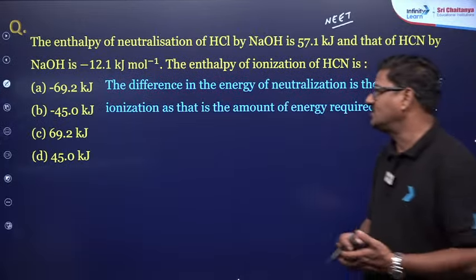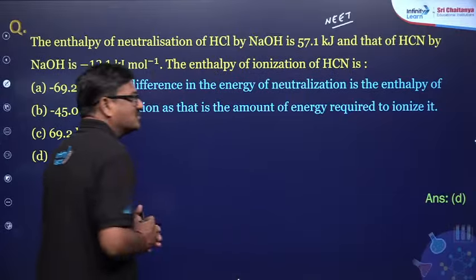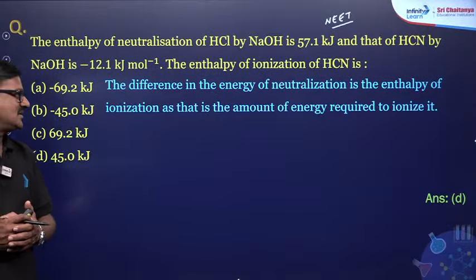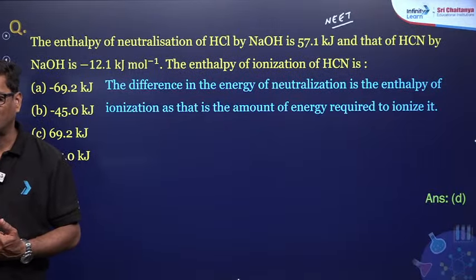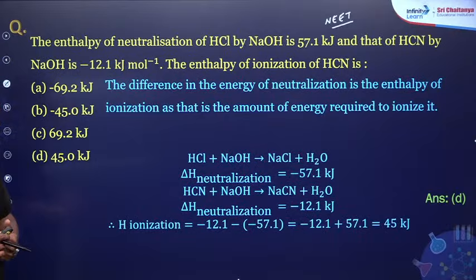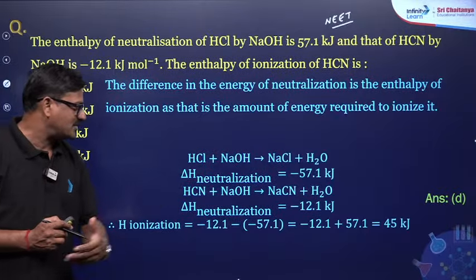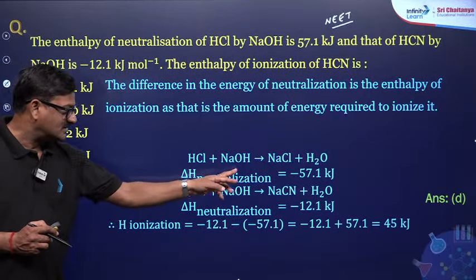So the difference is going to be used for the ionization. It is going to be the difference in the enthalpy of neutralization, as the amount of energy required for the ionization. You can say HCl with sodium hydroxide this much, HCN with sodium hydroxide this much.